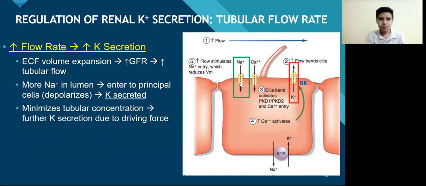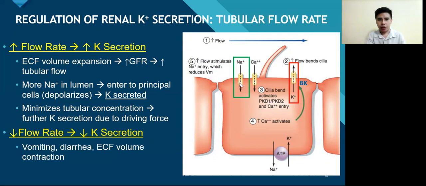Okay? So, overall, what happened there is that high flow rate, high potassium secretion. But again, high flow rate, high potassium secretion, no ADH. If you don't have ADH, no potassium secretion. So they nullify each other lang. Then low flow rate, low potassium secretion. So take note.